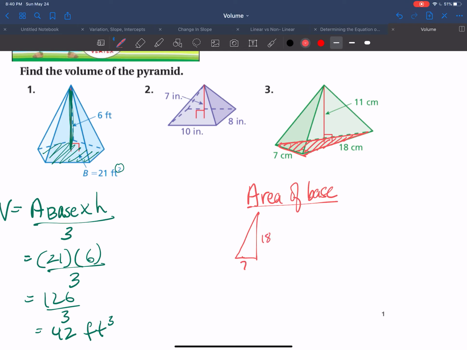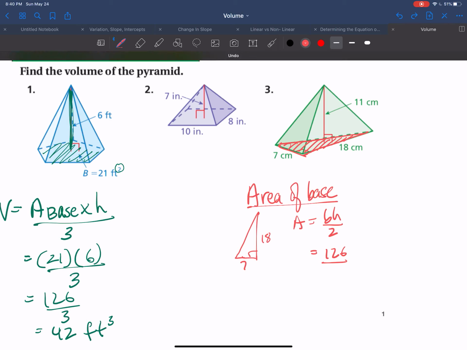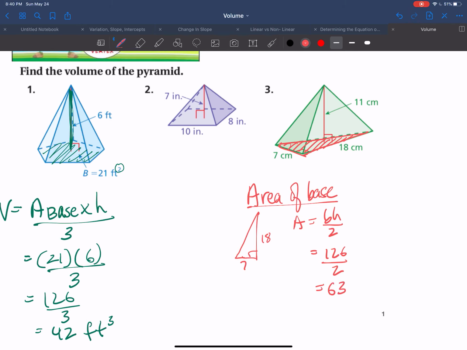Triangle, 7 by 18, base times height divided by 2, so 7 times 18, 126, divided by 2 is 63, so the area of the base is 63 centimeters squared.